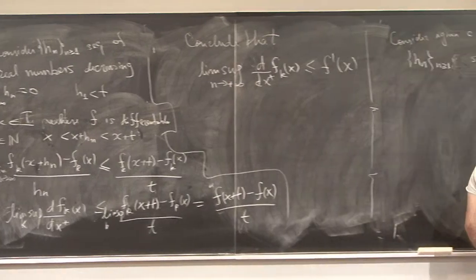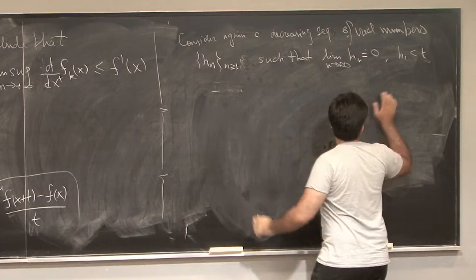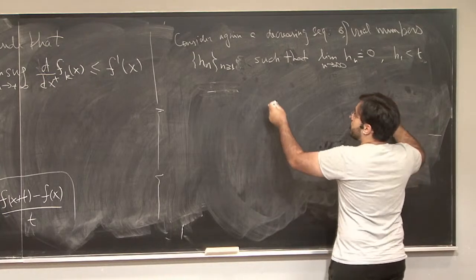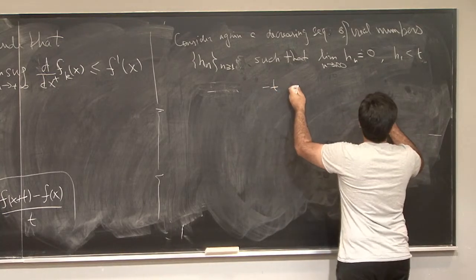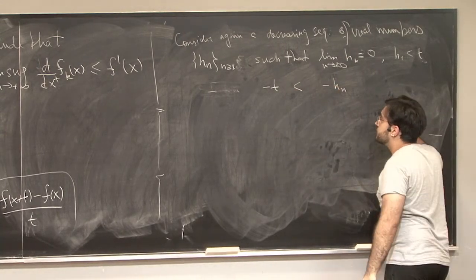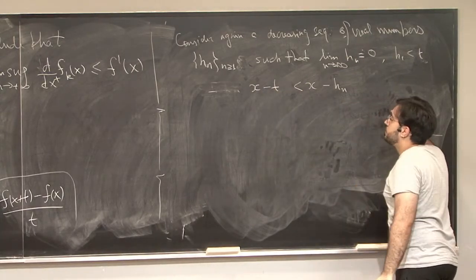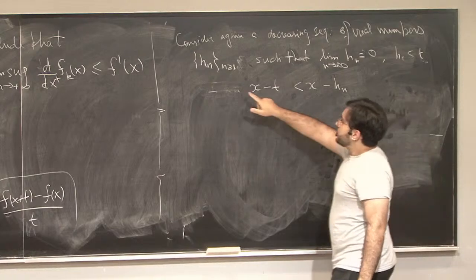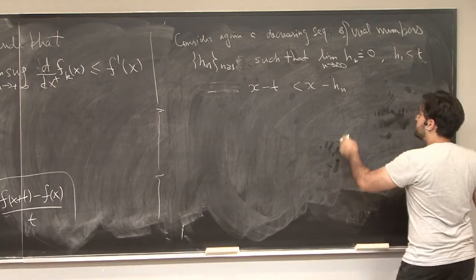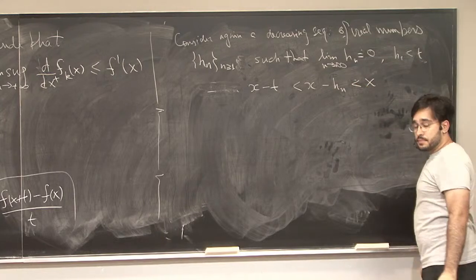So I know that because of this property right here, I know that minus t will be then less than minus h_n. So if I sum x, I will have something like this. But since h_n is a sequence of positive real numbers, then this will also be less than x.